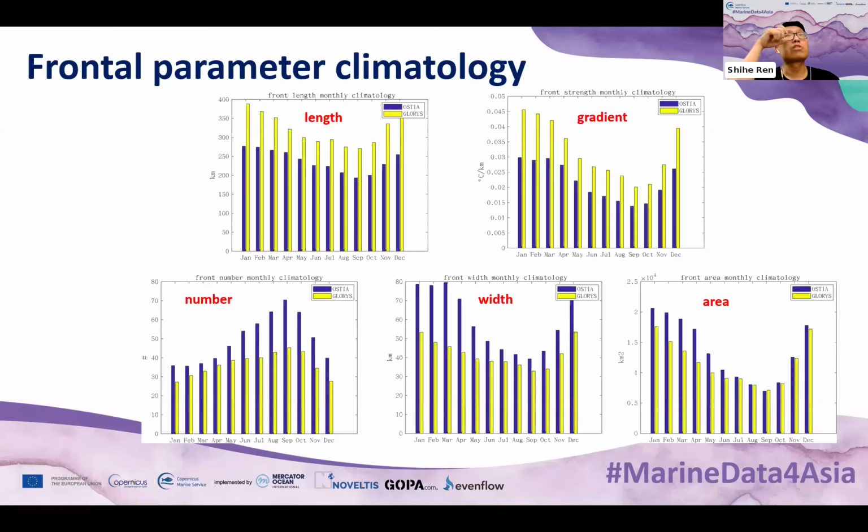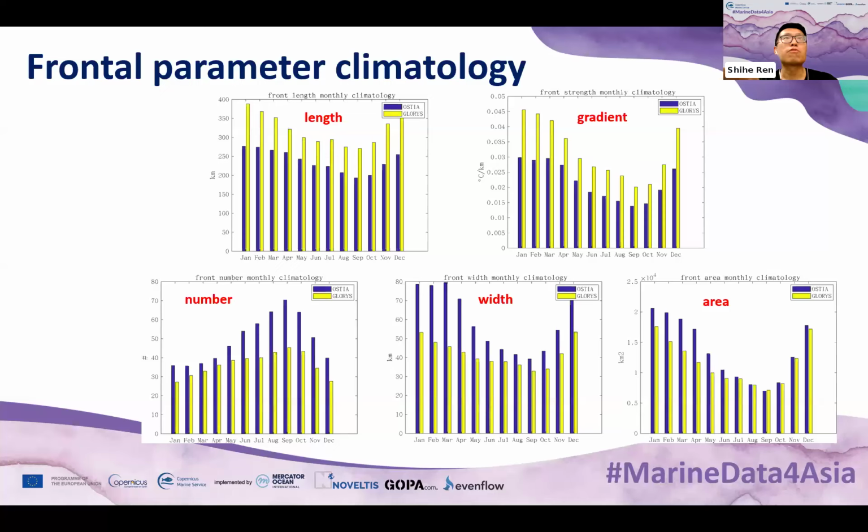The 10-year average of frontal metrics of length, gradient, number, width, and area are shown in this slide. All the metrics demonstrate a similar seasonal cycle. In summer, when the uniform SST patterns show a decrease of frontal magnitude, the fronts are shorter, and hence more fronts are detected.